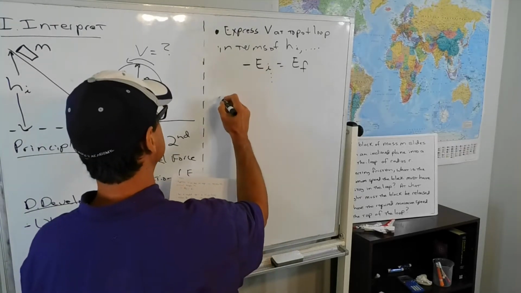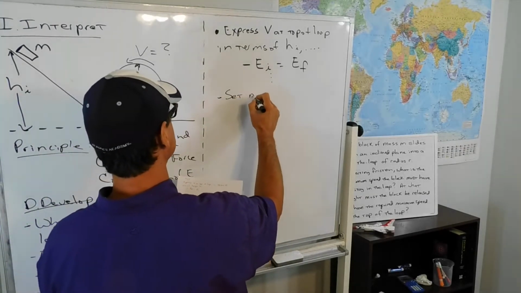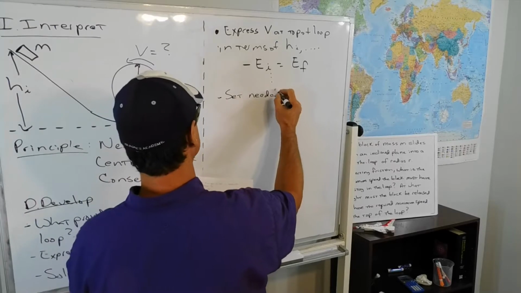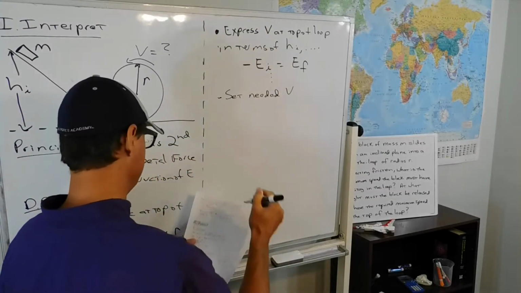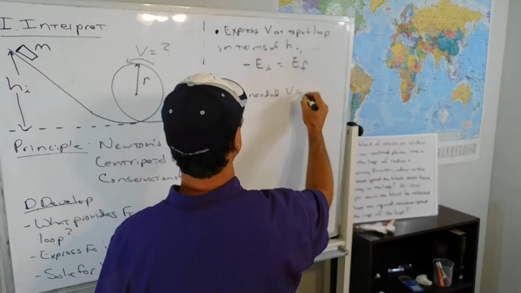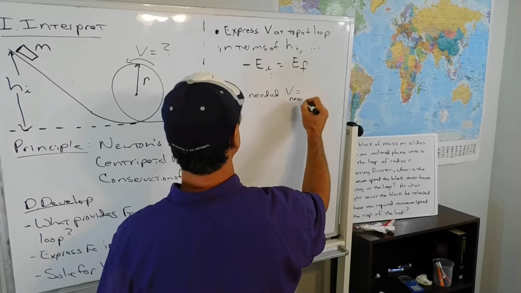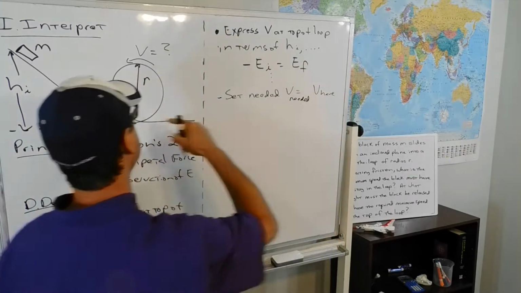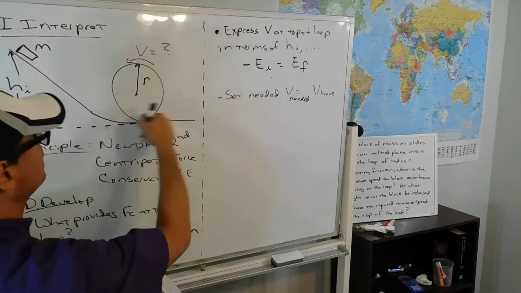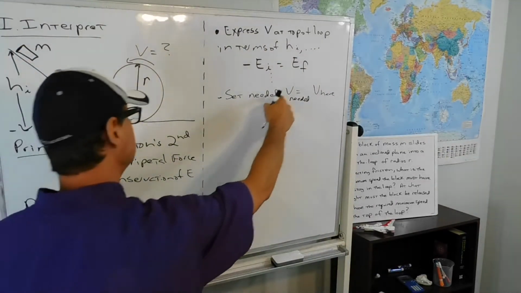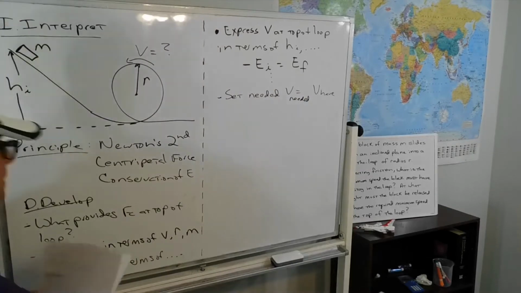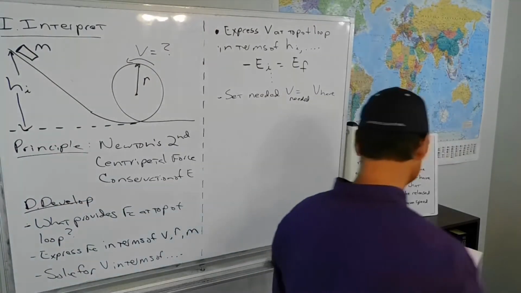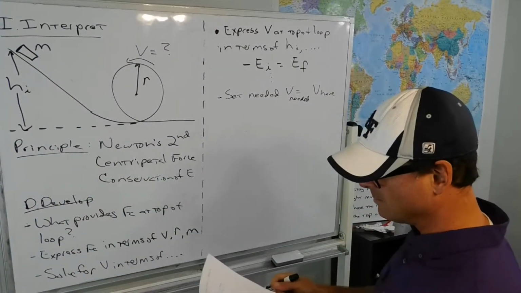And so then we set the needed velocity equal to the velocity we have. The velocity we have at the top of the loop comes from conservation of energy. The velocity we need at the top of the loop comes from these centripetal force considerations in the first half of the problem.